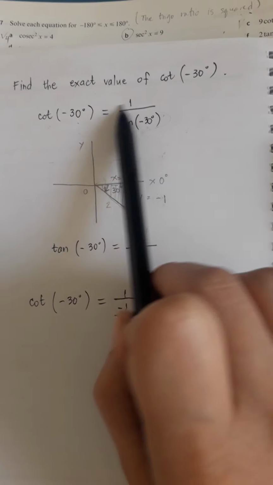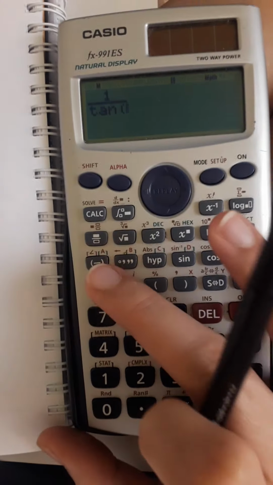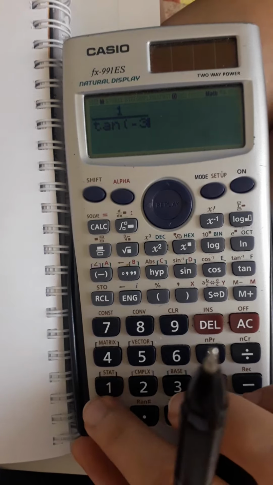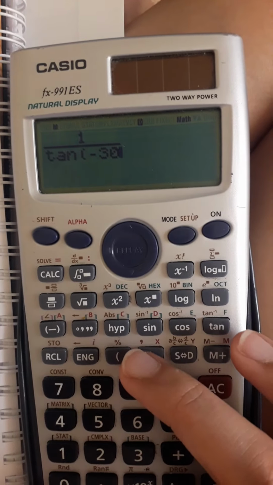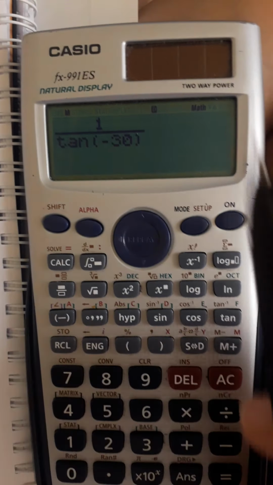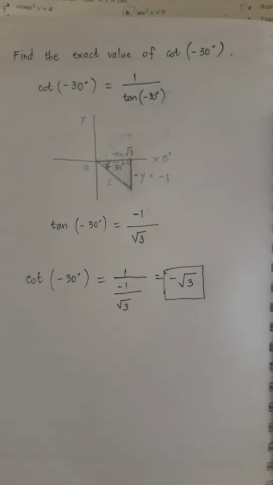This is what I will input in the calculator. 1 over tangent of negative 30. My calculator is in degree mode, yes. So, that's degree mode right there, D. And our answer is correct. Negative square root of 3.